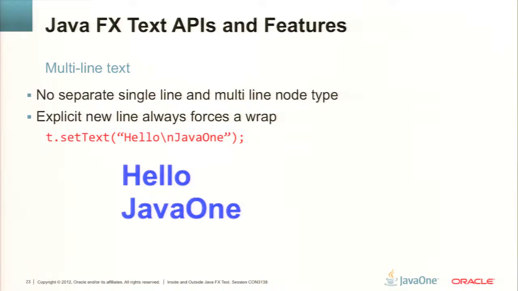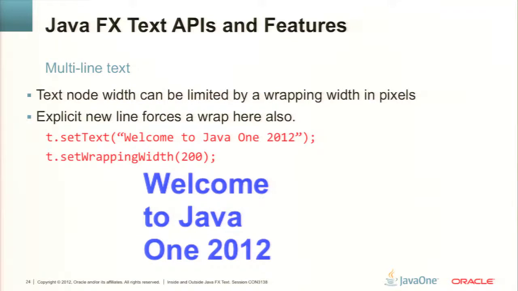Now, this low-level text node, that's basically a drawstring, can also do multi-line text. So here I insert a new line character into Java 1, and boom, you get 2 lines, just like that. Drawstring wouldn't do that for you. Drawstring would have just interpreted it as null. But you can also set a wrapping width.